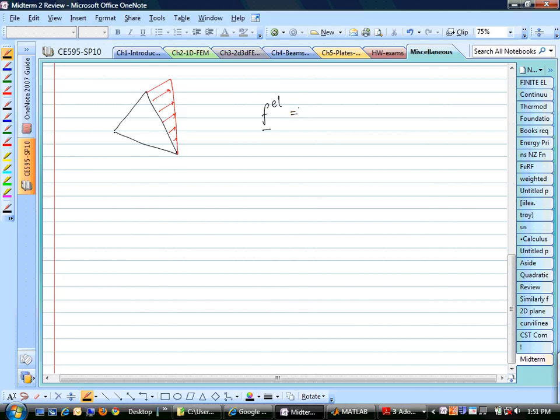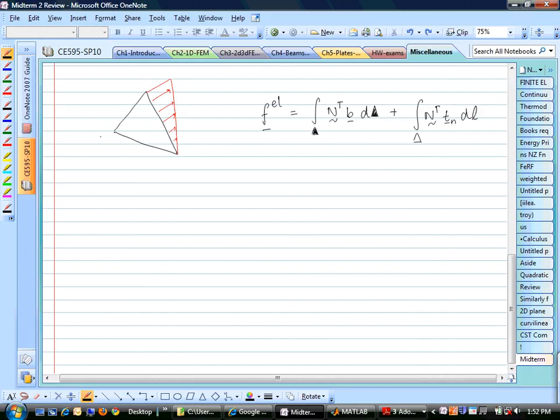What is the expression that we get from the weak form? Integral over the domain of N matrix transpose times any body force if it is there, plus integral over the boundary of N transpose times the traction T, Tn dl.